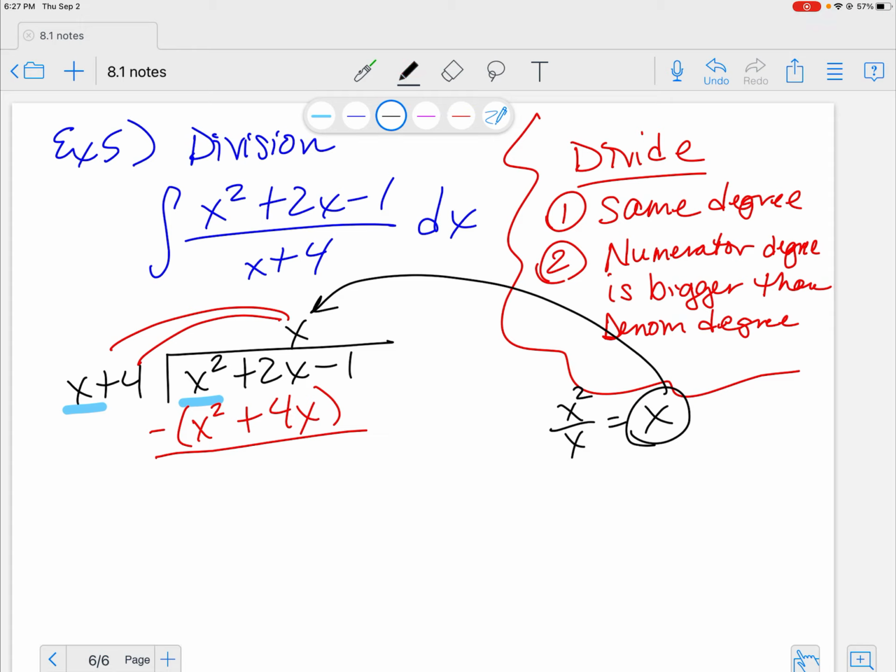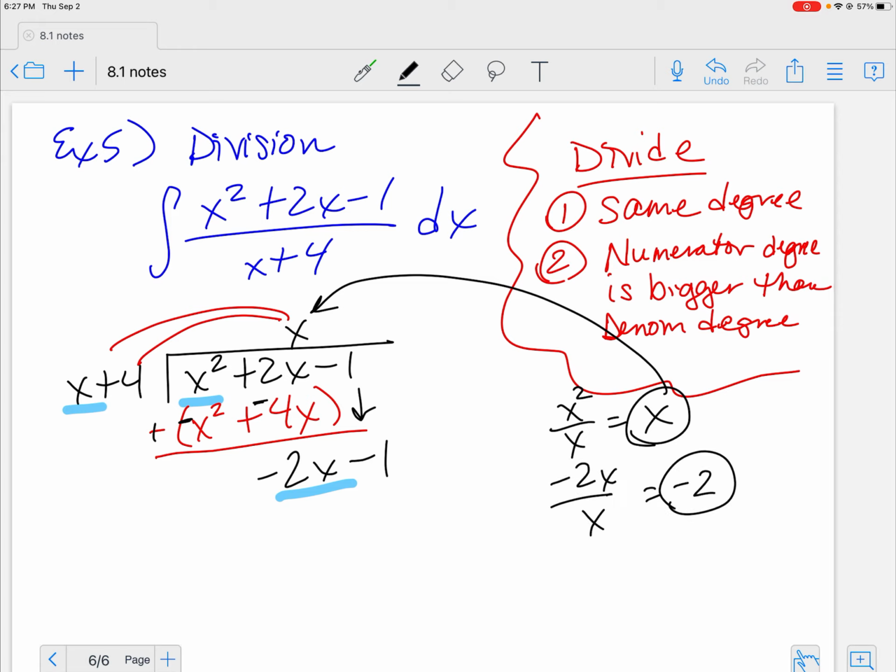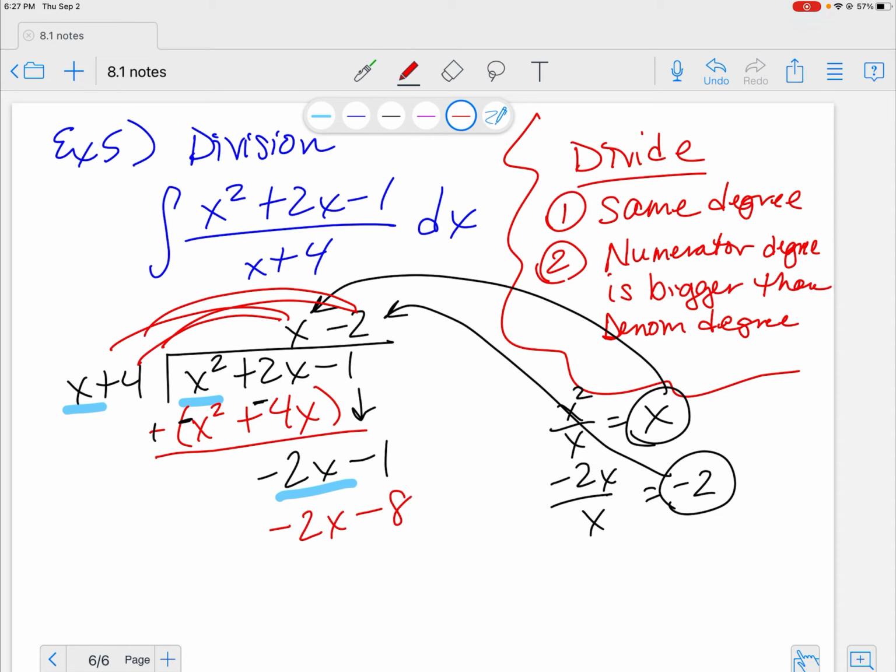When you subtract those, you add the opposite. x squared minus x squared cancels out. 2x minus 4x is going to give me a negative 2x, and then bring down that minus 1. And then do it all over again. Negative 2x divided by x is a negative 2. That is what goes up here. Then you take your negative 2 and you distribute. So I now have a negative 2x minus 8.